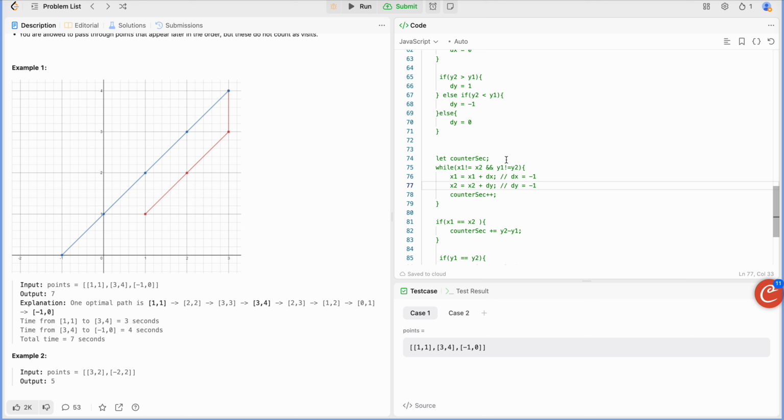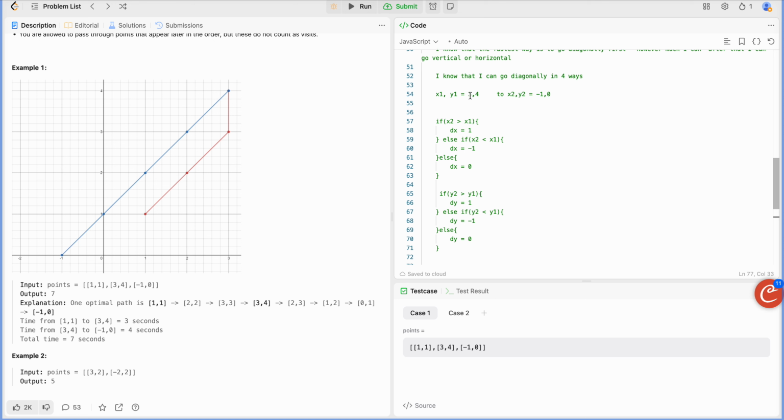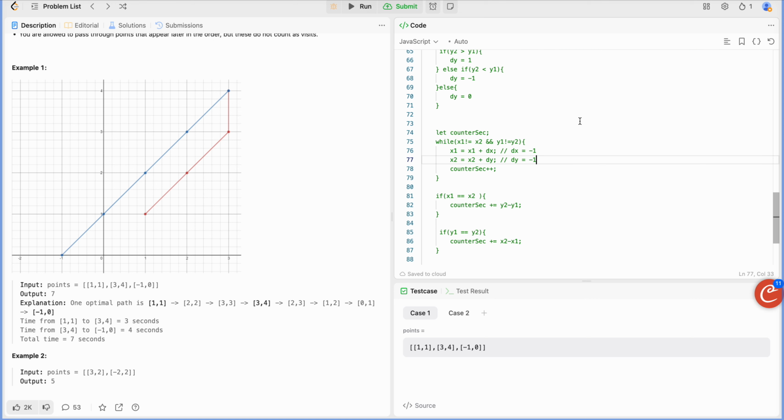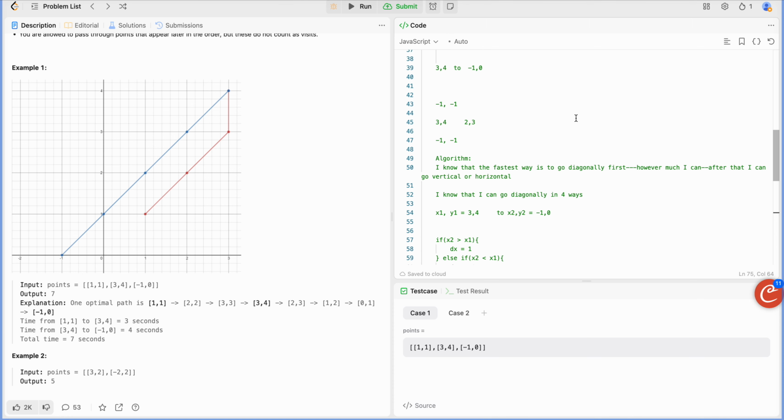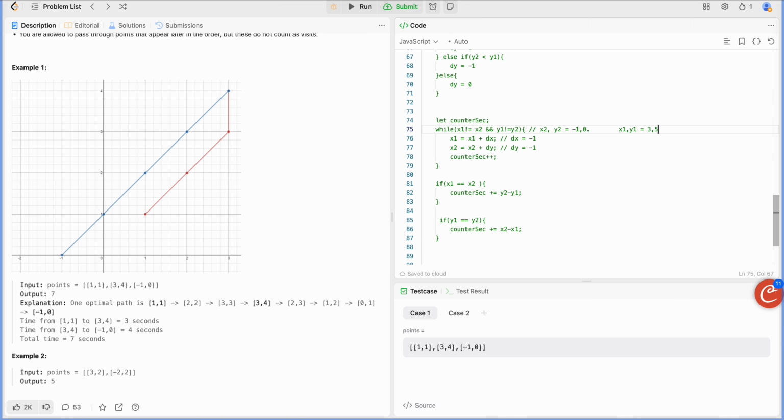Okay, so let's see now. I'm going from 3 4 to -1 0. So my x2 y2 is equal to -1 0 and x1 y1 is equal to 3 4. Now I'm going -1 and -1, right? So it will be 2 comma 3, and still it is not equal, right? X2, -1, is not equal to 2 and 0 is not equal to 3.